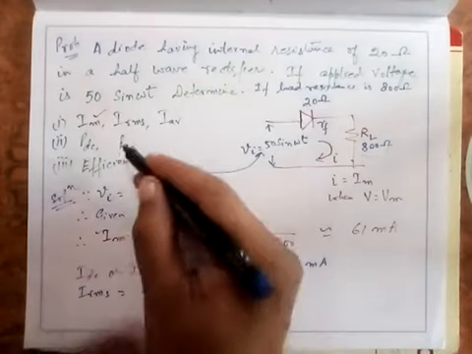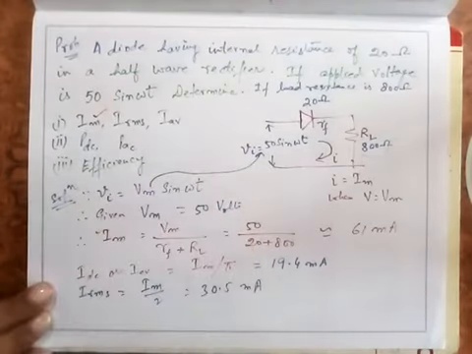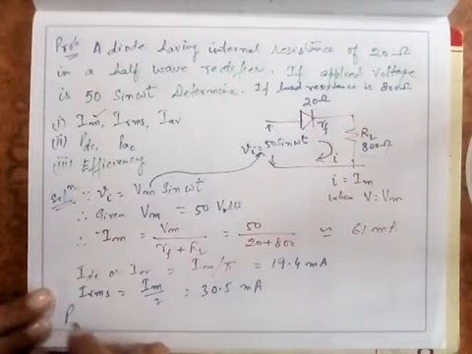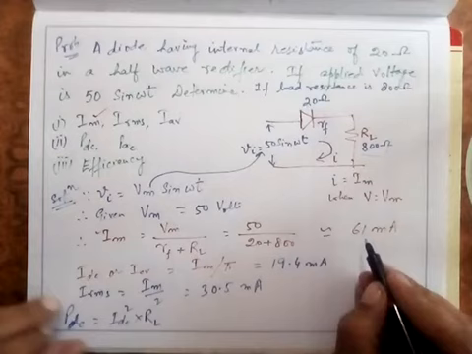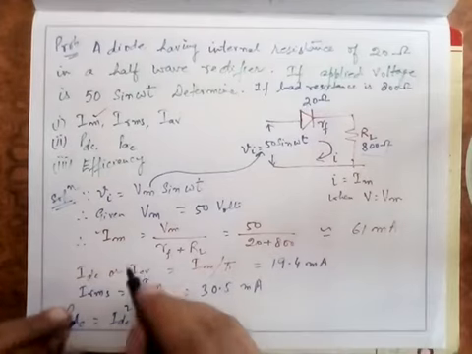Next you have to find PDC and PAC. PDC is equal to IDC square into RL. We have just found the value of IDC.